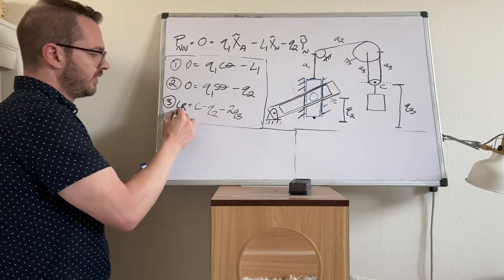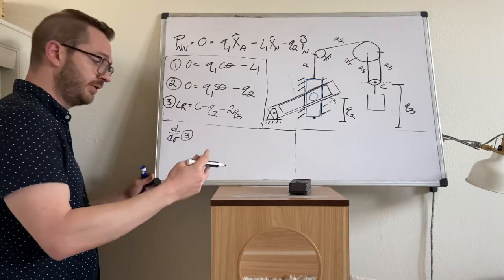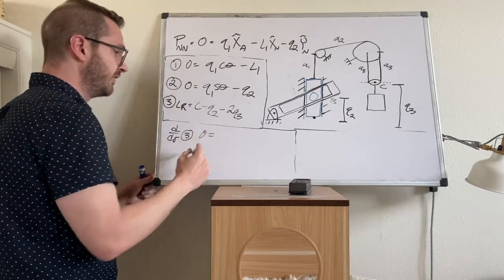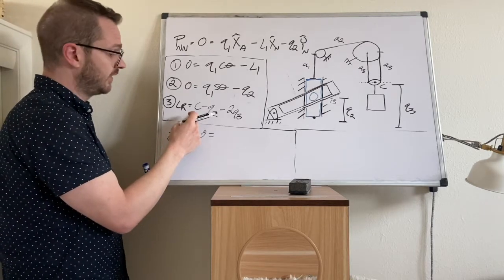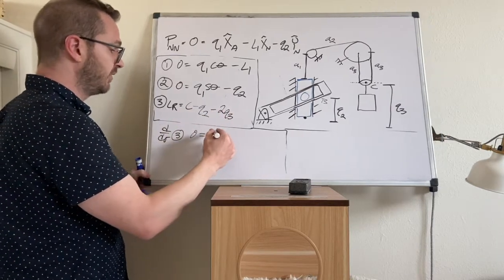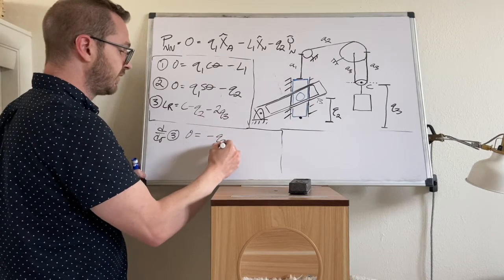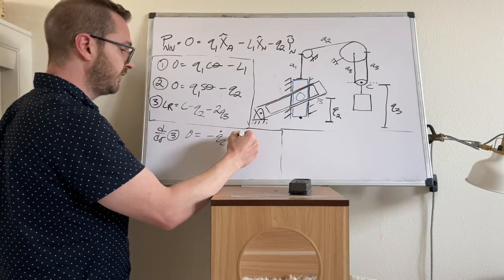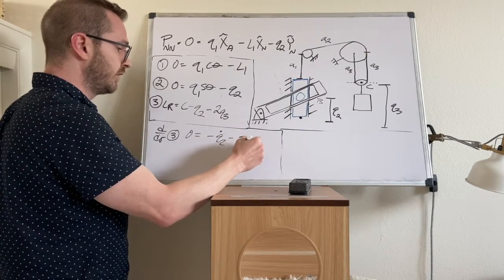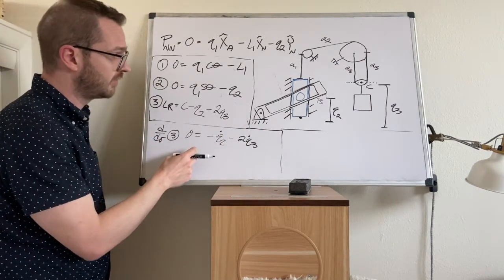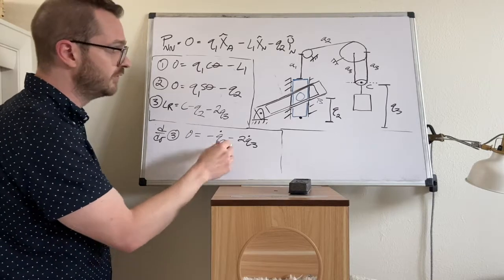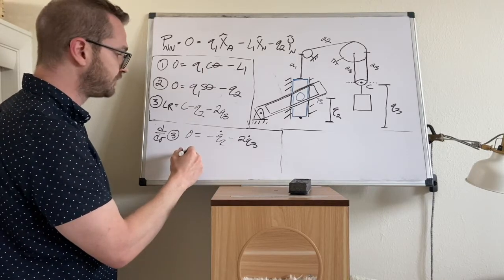Well, the left-hand side is the length of the rope, which is constant. We take the derivative of that, we get 0. Here's the other constant. Derivative of that is 0. So negative q2 dot minus 2 q3 dot. Now this one is best represented, I think, by just moving one of these to the other side.